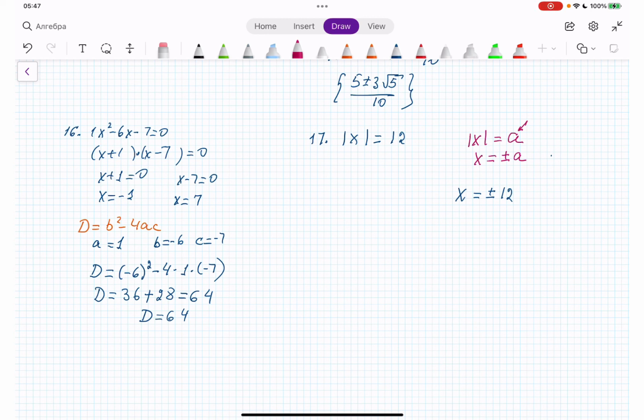Therefore, we put this absolute value to get only the positive of x. But x itself, if I take off absolute value, that restriction of only being positive is gone. So x is going to be plus minus 12. Okay, so for the answer you can put either plus 12 and minus 12, or you just can put plus minus 12.